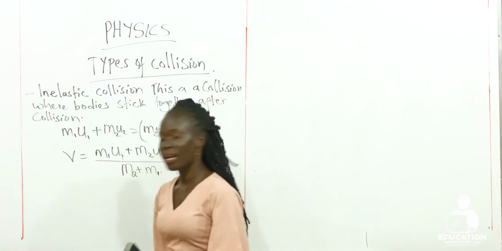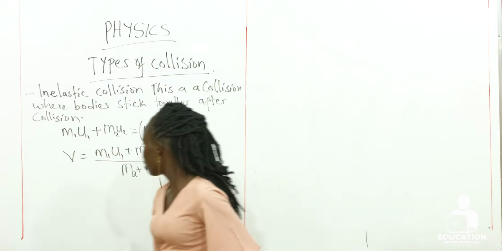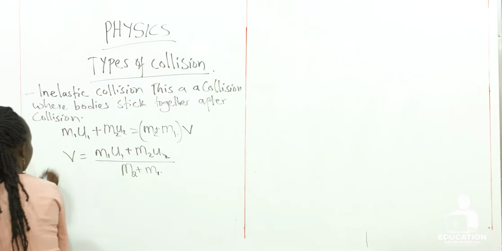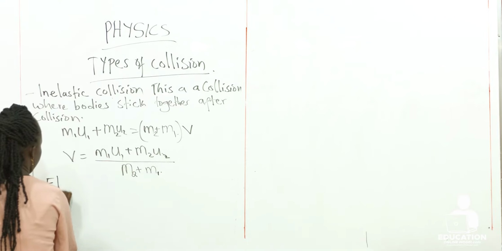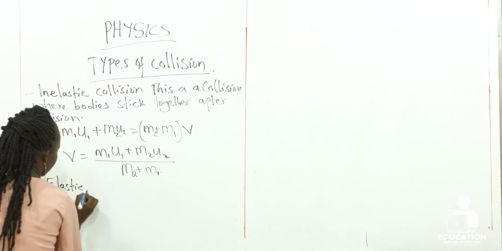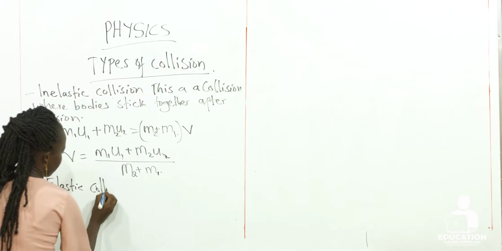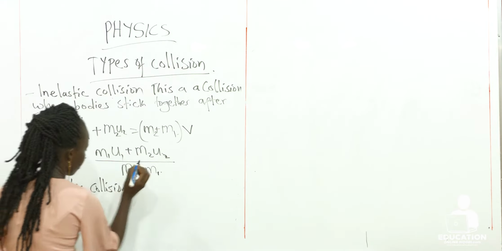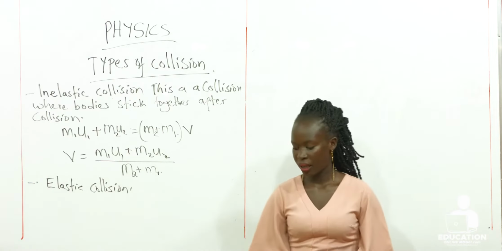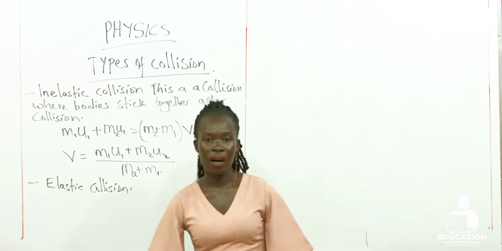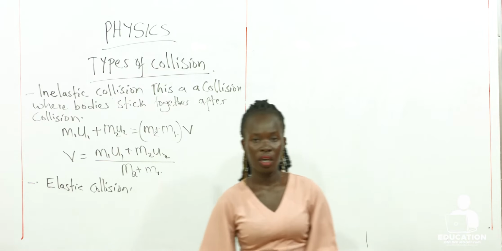So let's look at elastic collision, which is the second type of collision. With elastic collision, what really happens? Elastic is the opposite of inelastic.